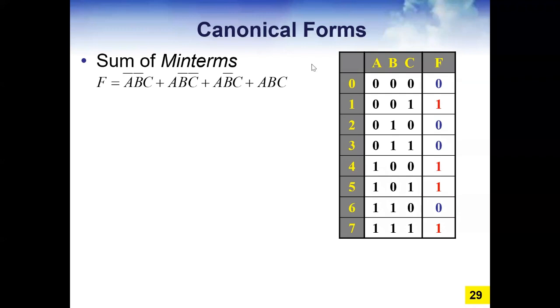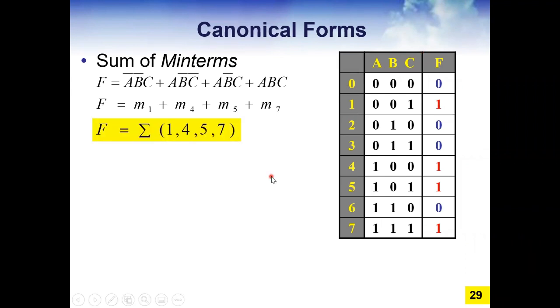Now check this one. Sum of min terms basically. Here is the expression given, and from this expression we can find the truth table. We can list the minterms there. See this, these are the minterms, 1, 4, 5, 7. In place of those we can place the ones. Hope it is clear to you what minterms are. Minterms are equivalent to 1 in the truth table.